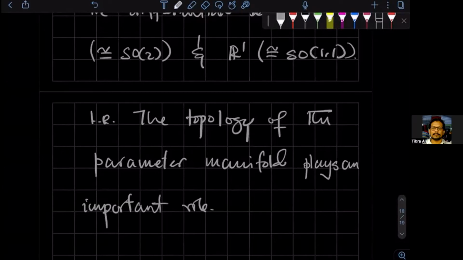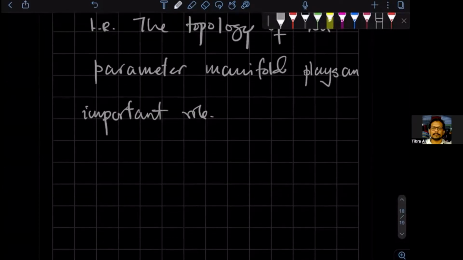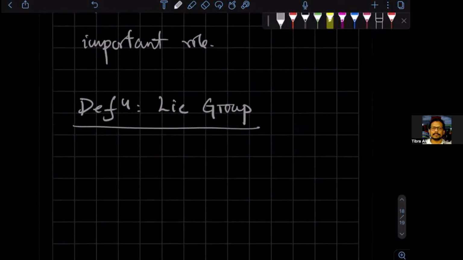All right. So this motivates the next definition, which is the definition of a Lie group. So far we've actually been discussing Lie groups.